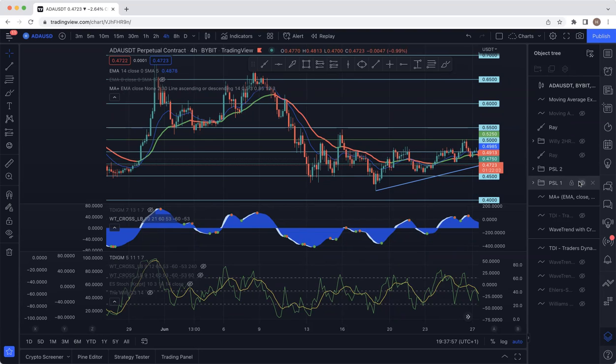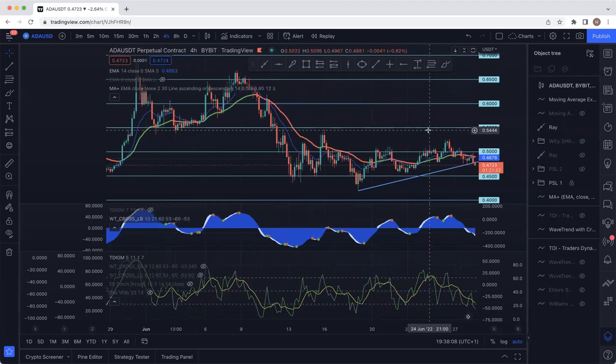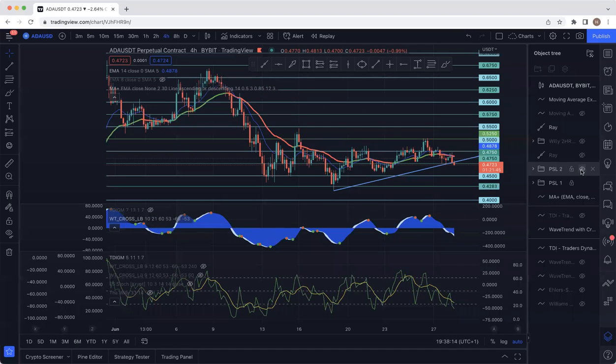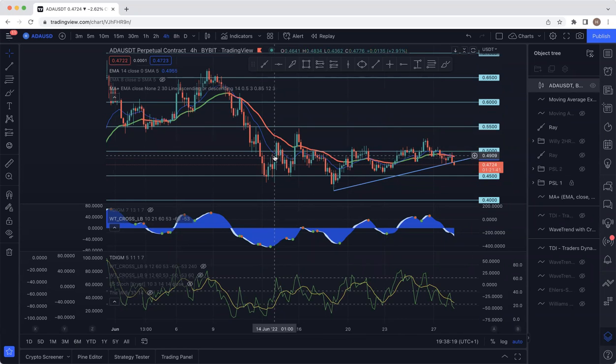Then we'll go back to the whole process. As the strategies evolve, we change the styles that we use on the psychological levels. So we have psychological level 1, which are the main psychological levels, and psychological level 2, which is the minor or the sub-psychological levels. Now I've taken the sub-psychological levels off.